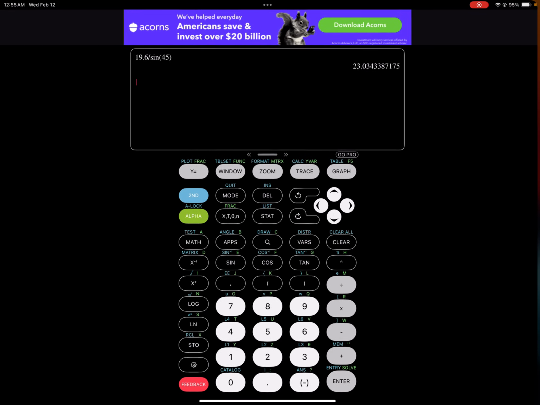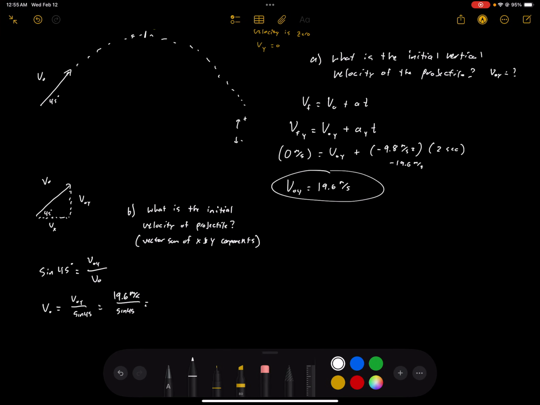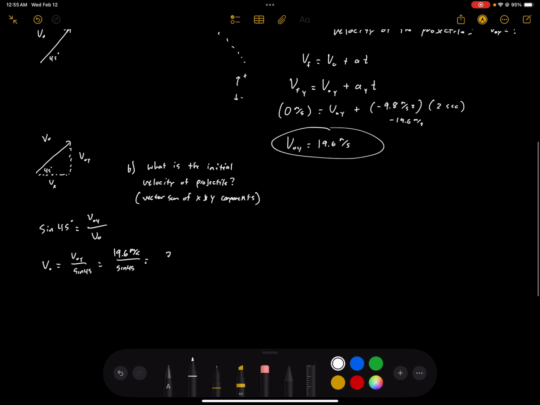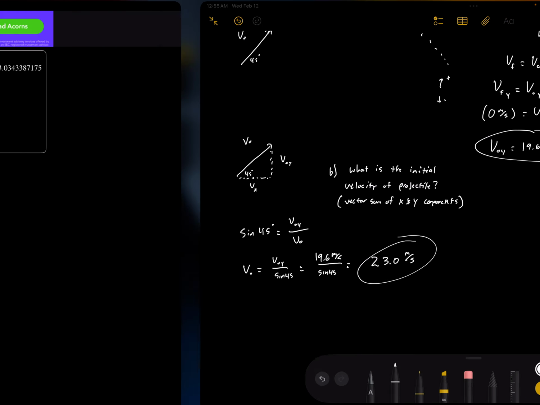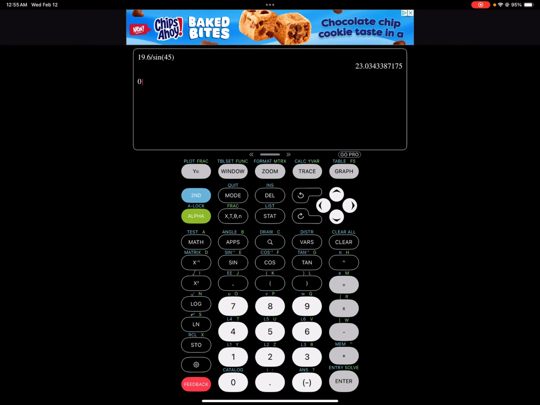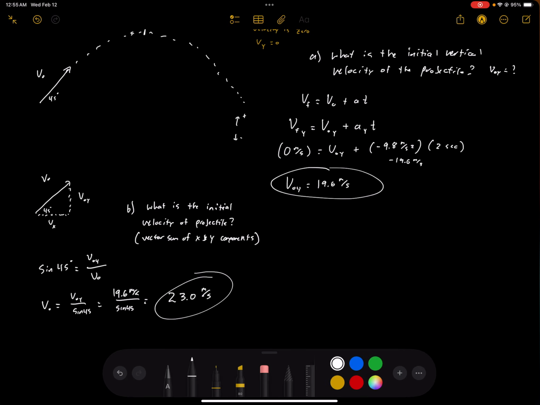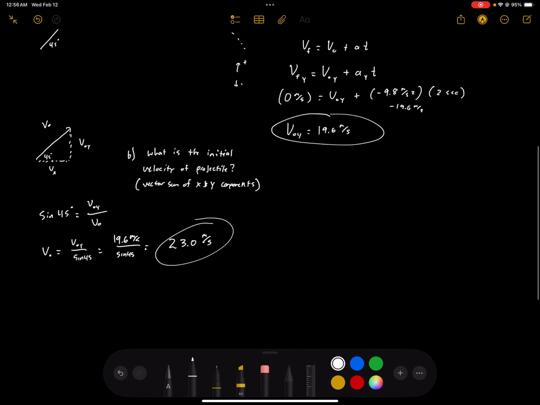So I get 23.0 meters per second. Here, let me make sure I got that right. Yes. Okay, so 23 meters per second.